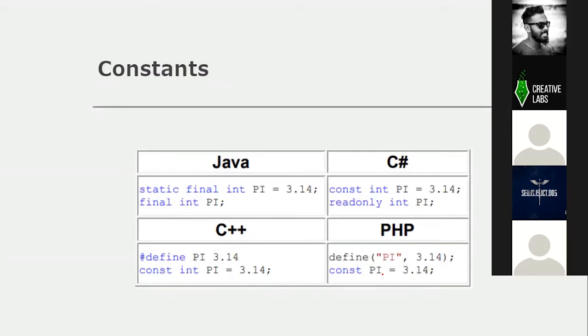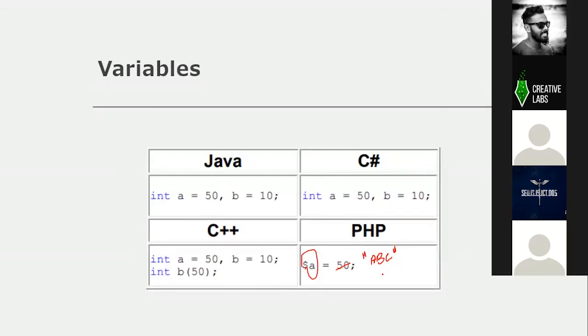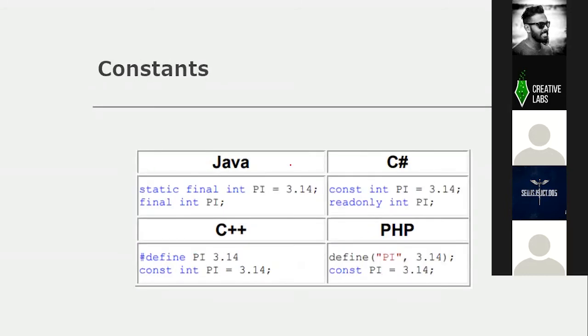So this is constants. What is a constant actually? You can't change the value, right? Once it is declared, we cannot change that value. It's kind of a fixed value.